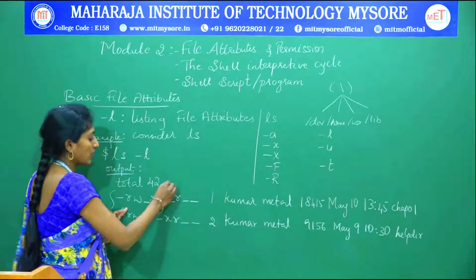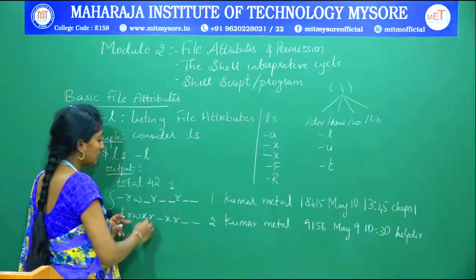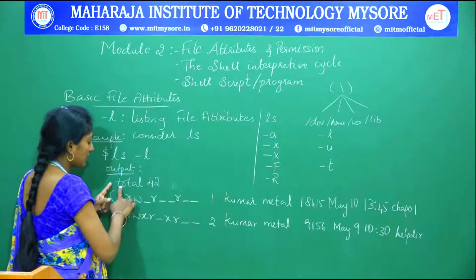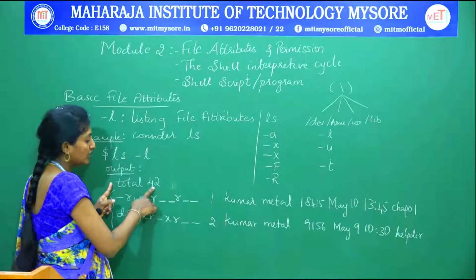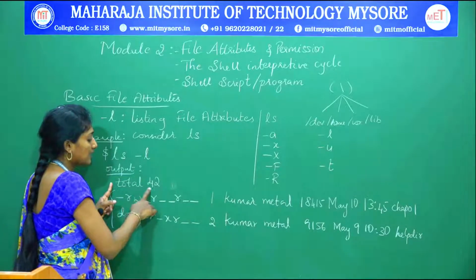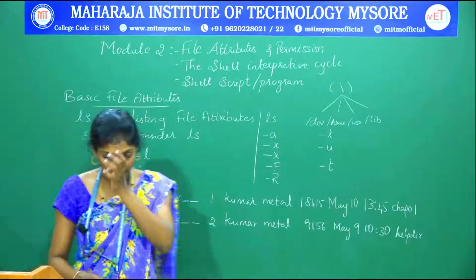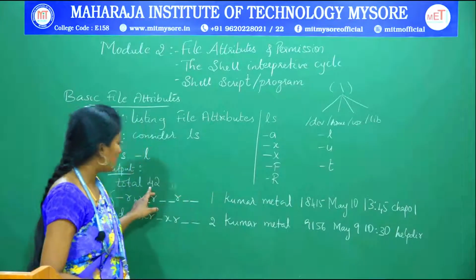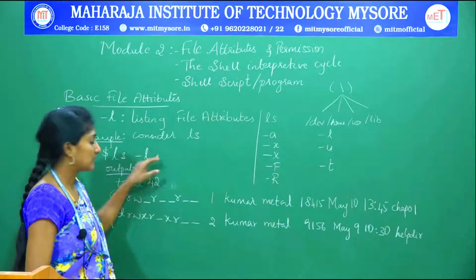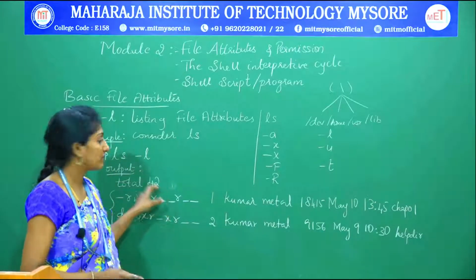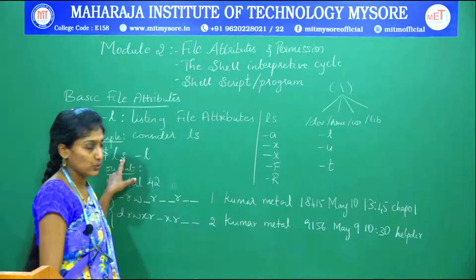So the first one is this first column. Before that, in the first line it will display total 42, which indicates that 42 blocks of data are occupied within the current directory on which the ls command has been executed.